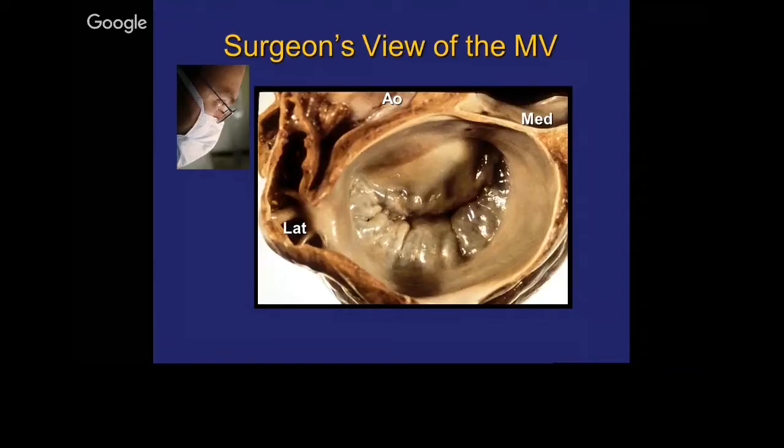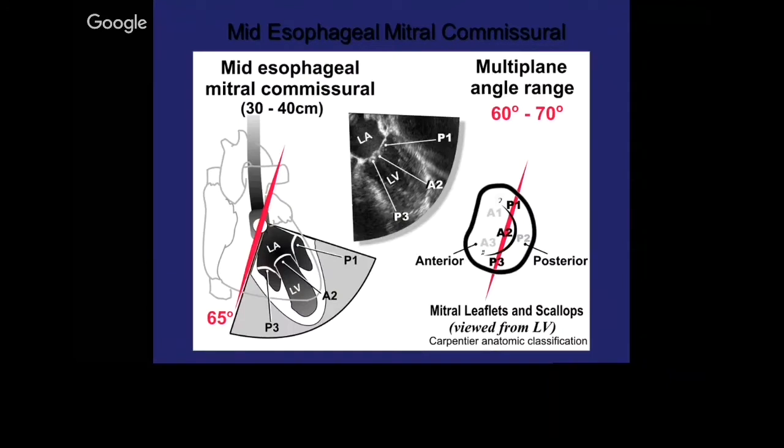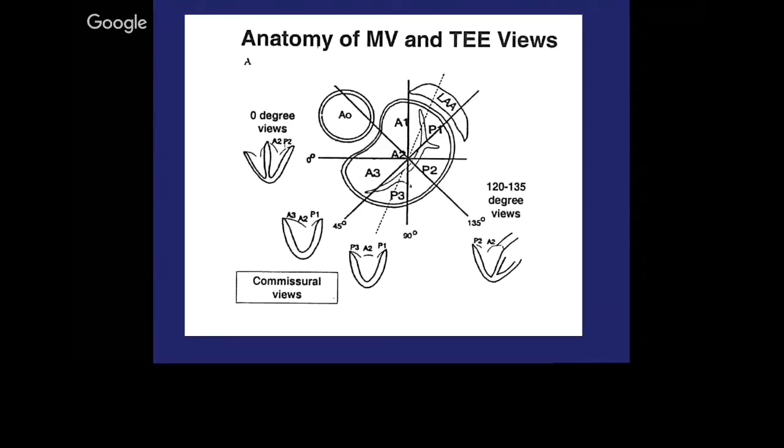So the job of the echocardiographer in the OR is to use different views of the TEE. The four basic views that I will come to later start with the 0-degree view. That is going to be the 4-chamber view.